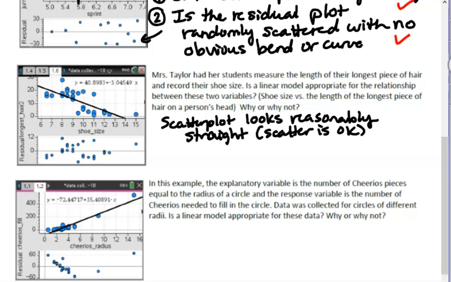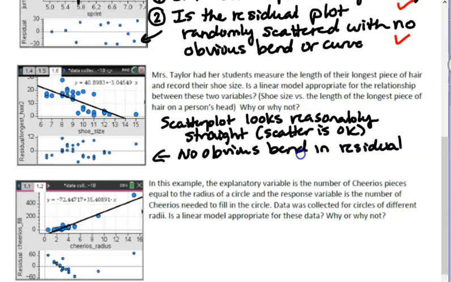I don't see any obvious bend. Okay, so no obvious bend in the residual plot. Okay, so that looks okay. And usually you can tell from the scatter plot alone, but not always. And that's why you always want to check the residual plot too.